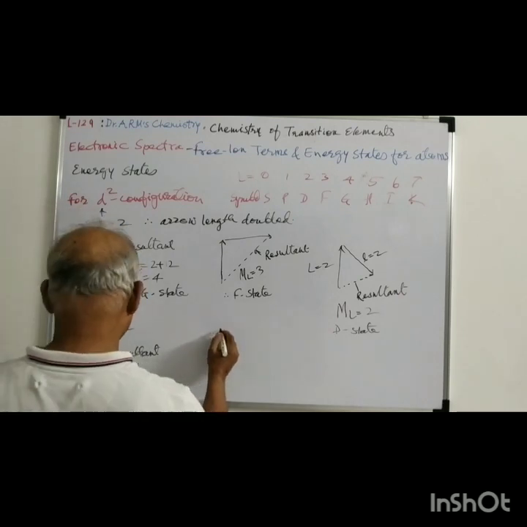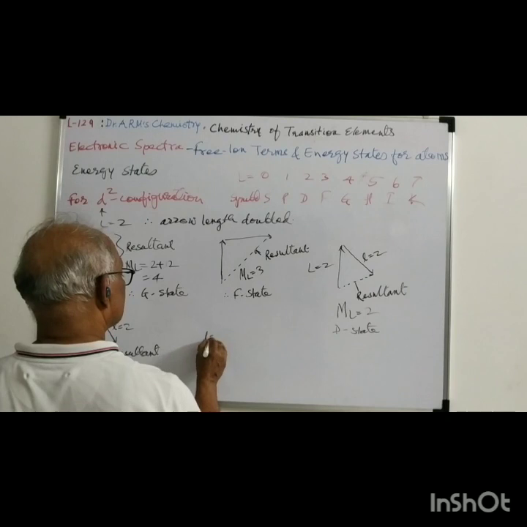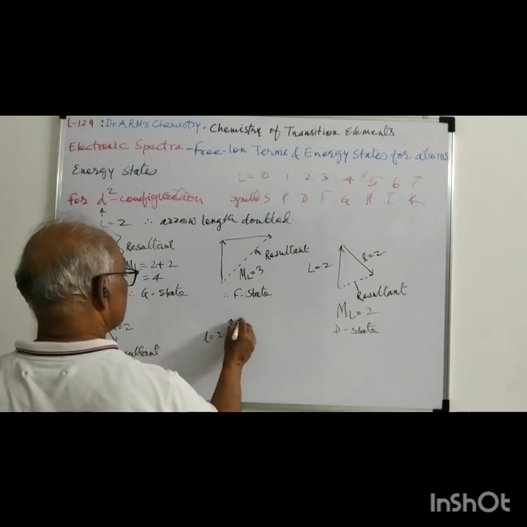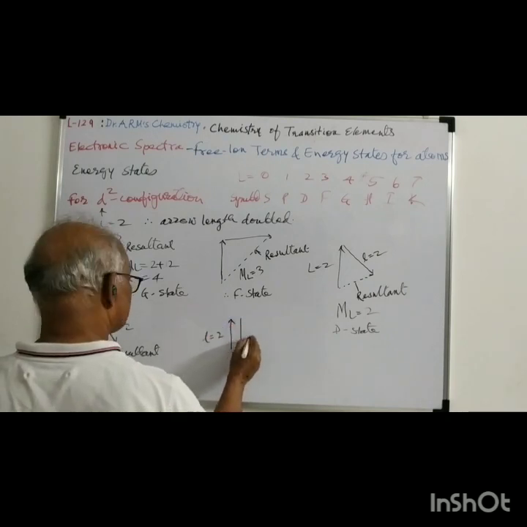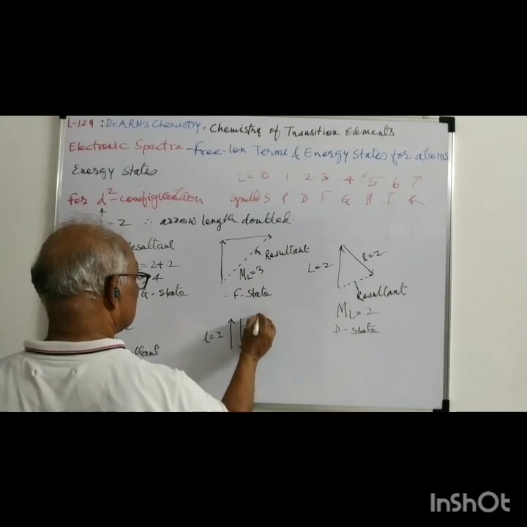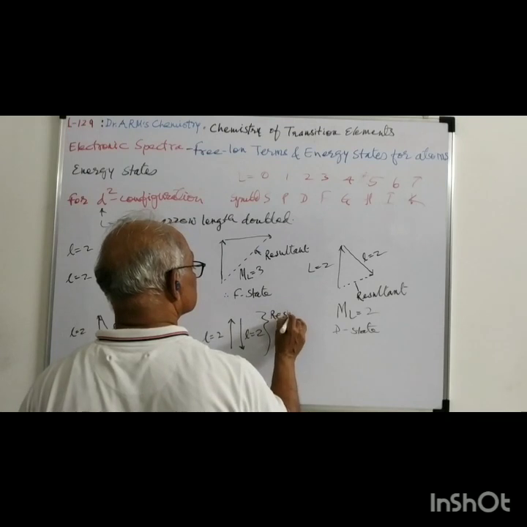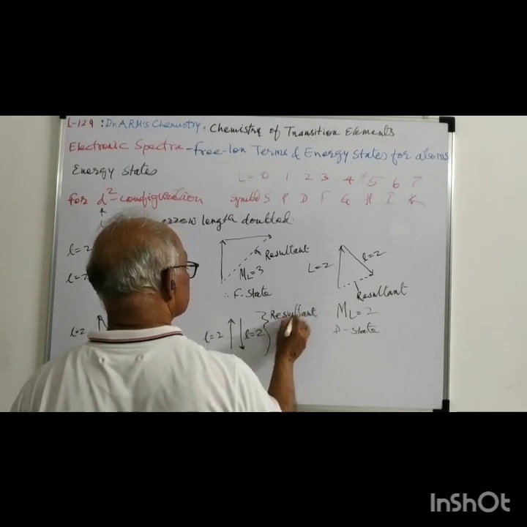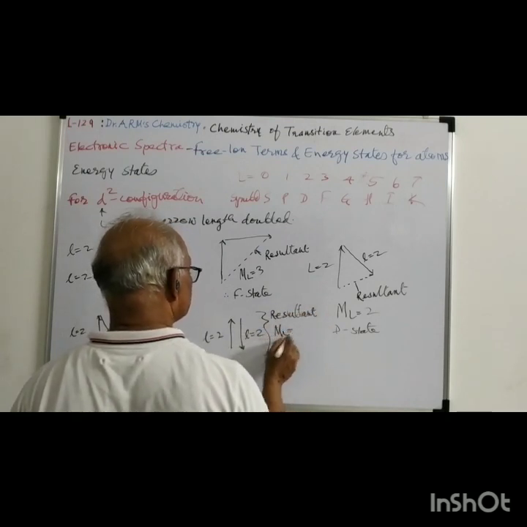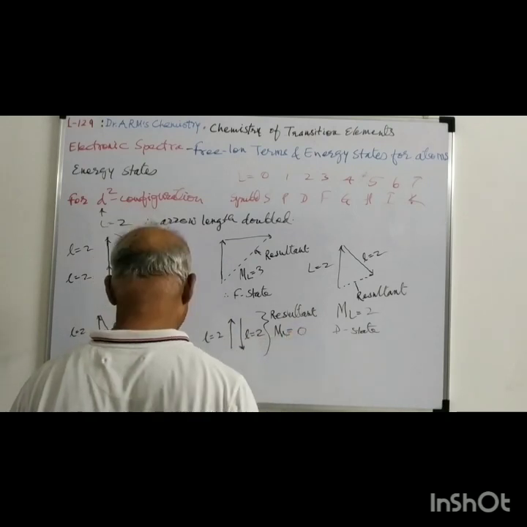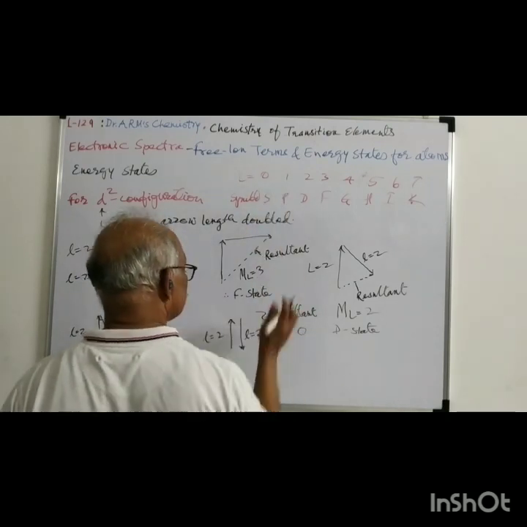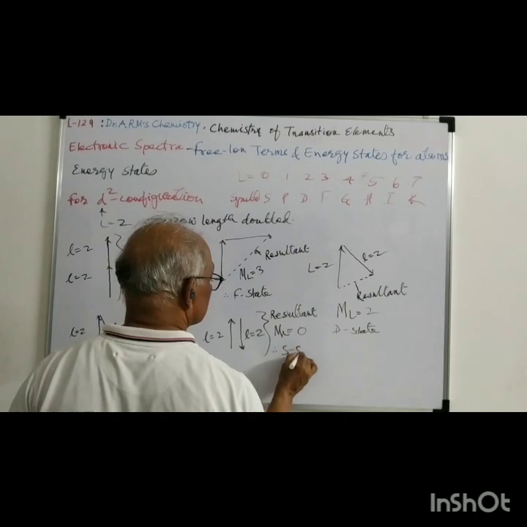And when this L is equal to 2 and this is opposite, that is L is equal to 2, then for this the resultant ML is equal to 2 minus 2, 0, and for 0 it is S state.